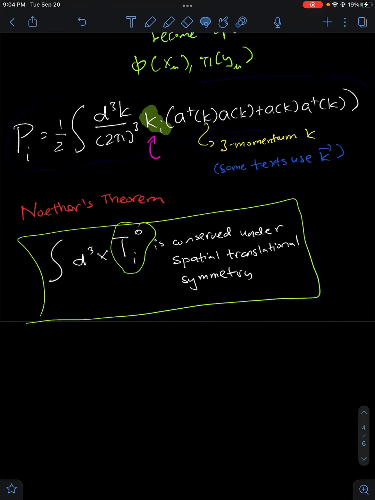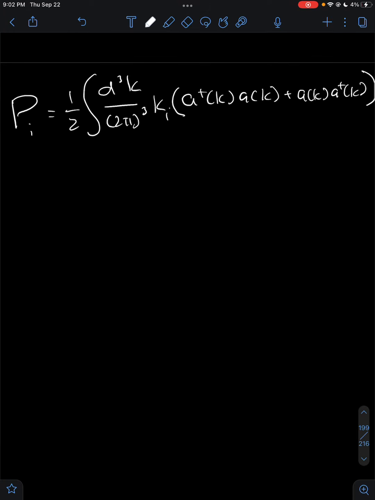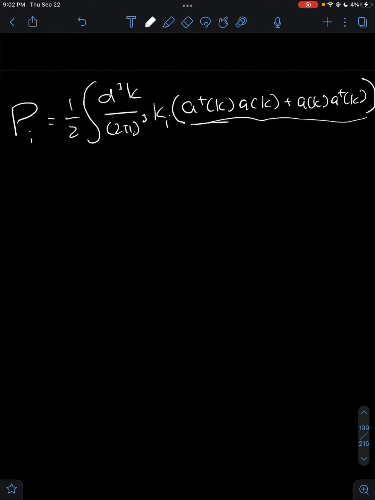So let's actually do some real physics now. So here's the equation that we have for the momentum operator in quantum field theory. We can see that it contains the A of k numbers. And this is a very important point.